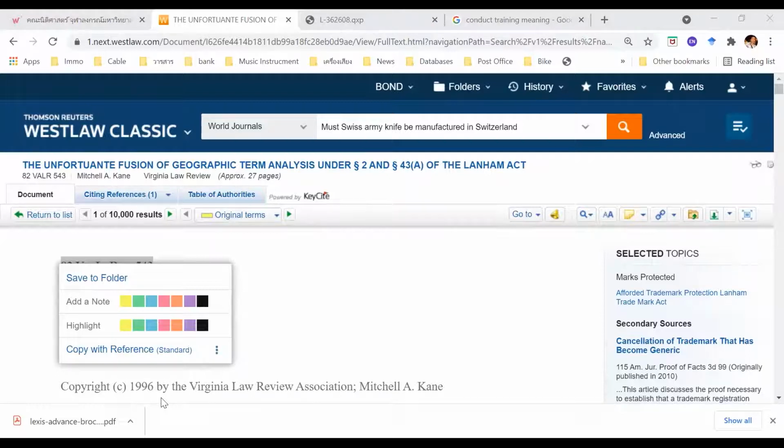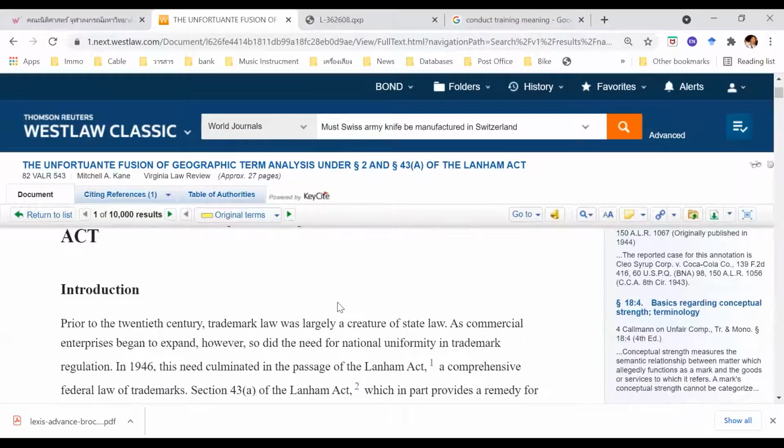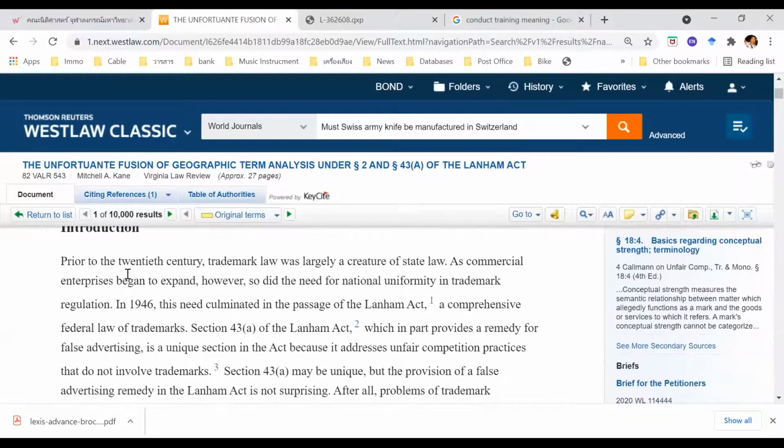And then what else do you have to know? Just follow me. It just gives you the idea. Remember that they will lead you to the primary source. I just start reading the first paragraph: the first half of the 20th century trademark law was largely uniform.